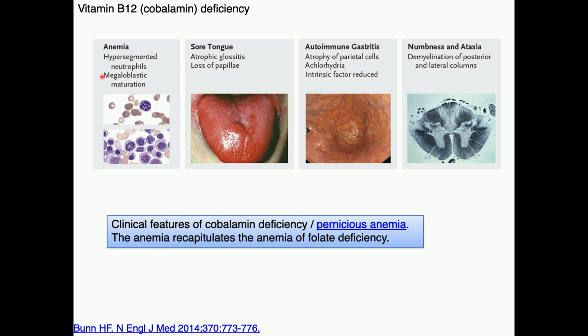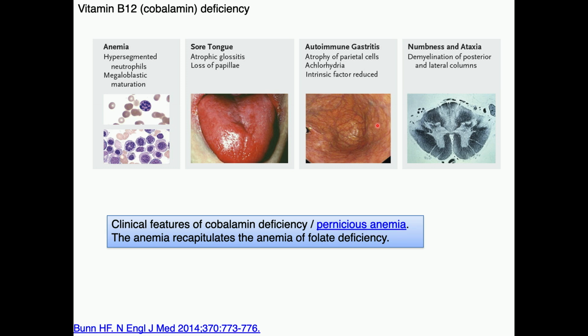Vitamin B12 deficiency has additional symptoms, and these are largely neurologic, because of the issues with homocysteine metabolism being compromised. Autoimmune gastritis is frequently the initiating factor for vitamin B12 deficiency.